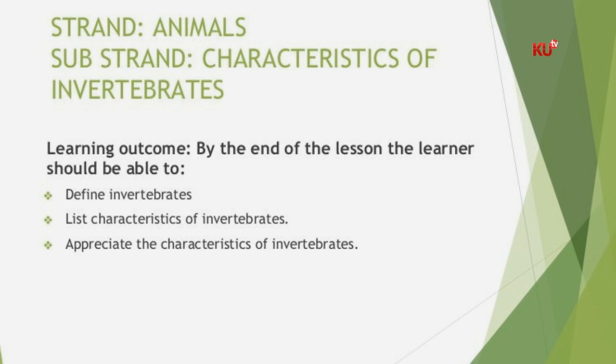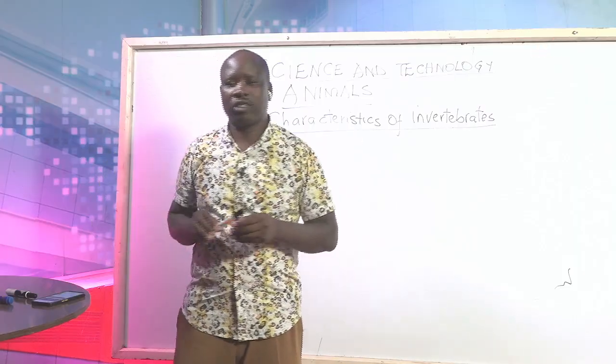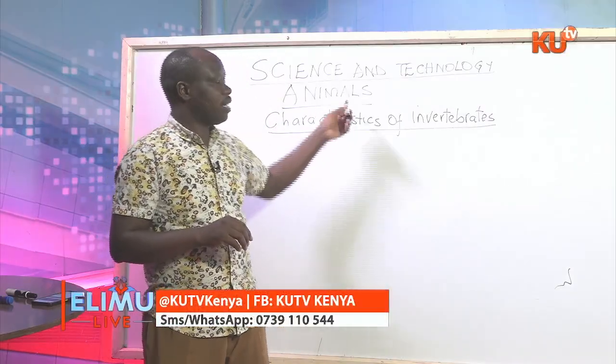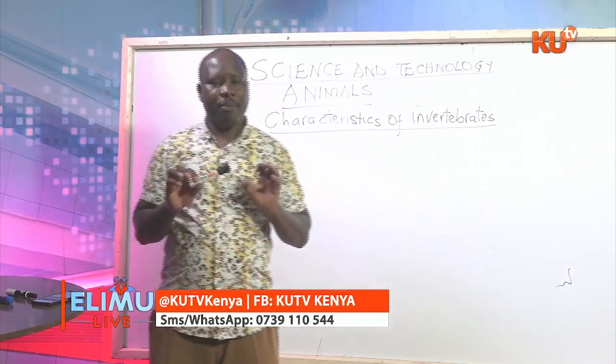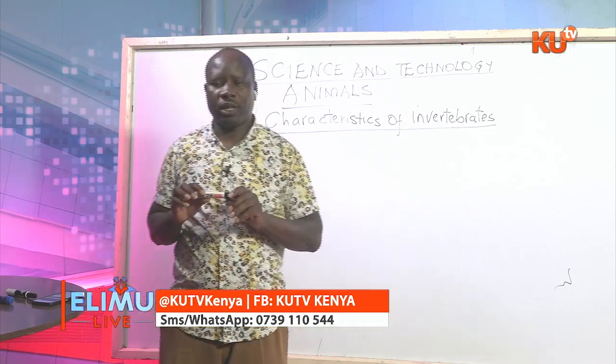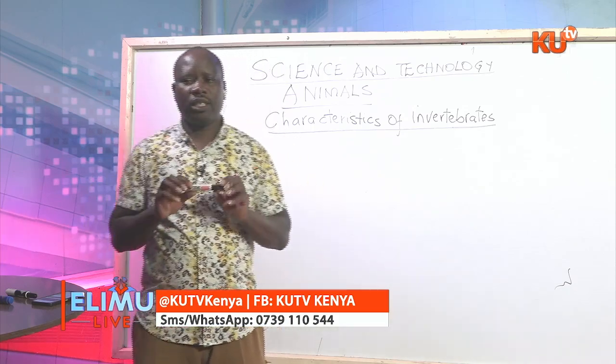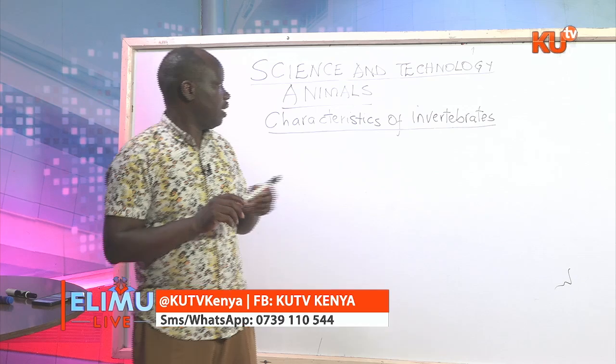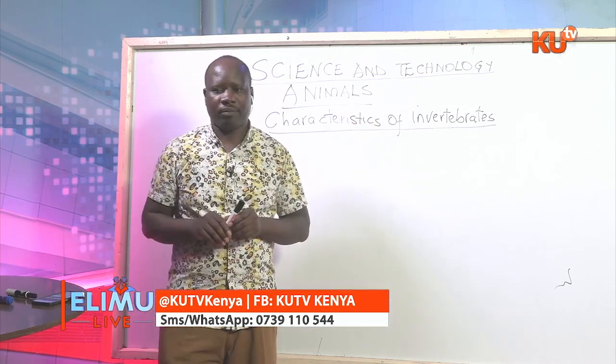For us to look at this topic of animals in grade 6, I would like us to remind ourselves what we learned in this topic of animals, because we started with it in grade 1. But more importantly for today, I want us to remind ourselves what we did in grade 5 in the topic of animals.